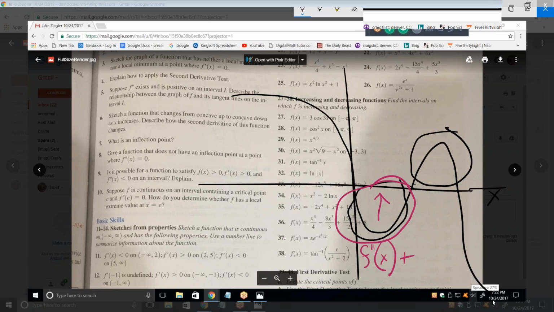Okay? That's not the first place in calculus where that's true. Positive velocity is going up. Negative velocity is going down. Same thing with concavity. If concavity is up, the second derivative is positive. If concavity is down, the second derivative is negative.